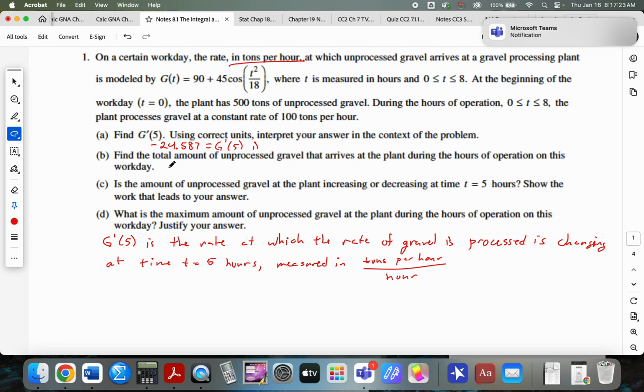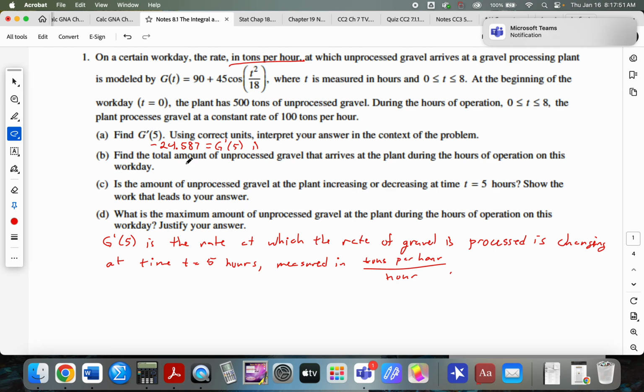It's decreasing. If you want to talk about that, you can. I don't know that it's a requirement, but I feel like I ought to. I would say, since this is negative, we know that the rate at which gravel is being processed at the plant at time t equals 5 is decreasing.